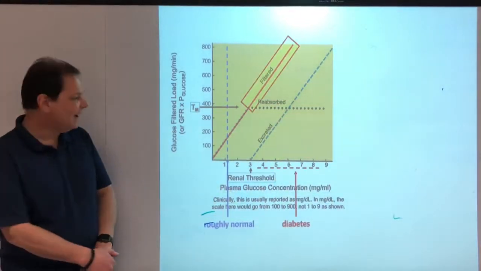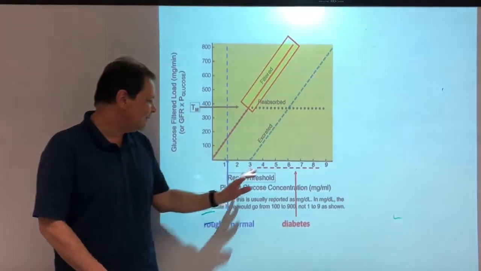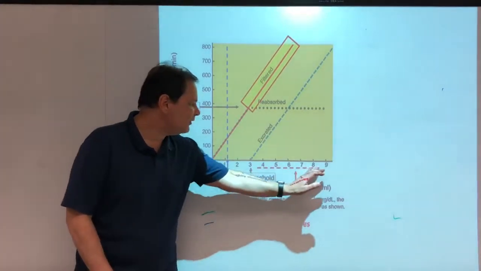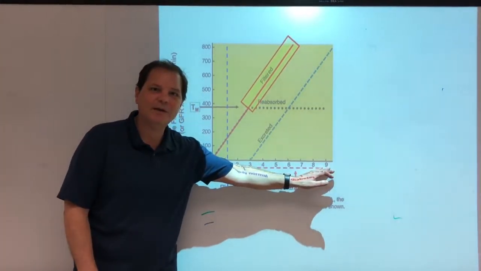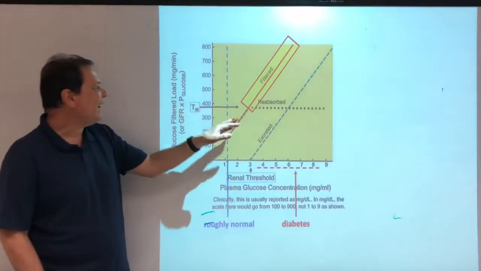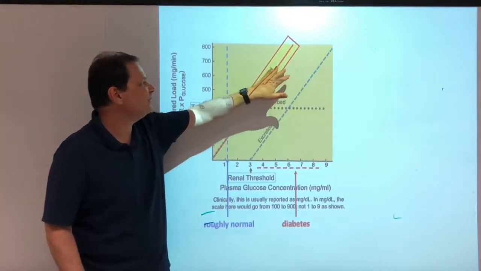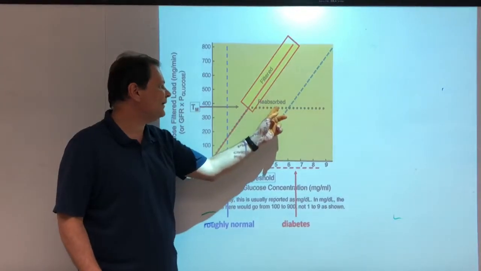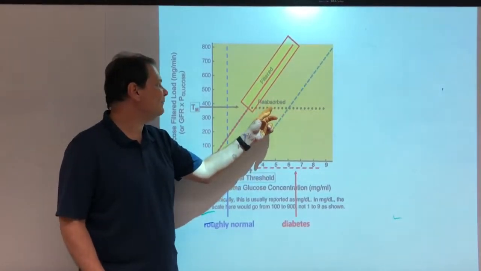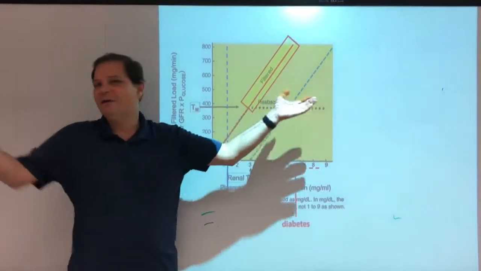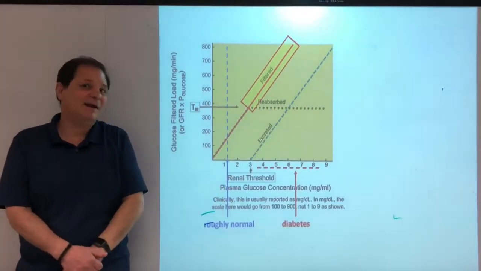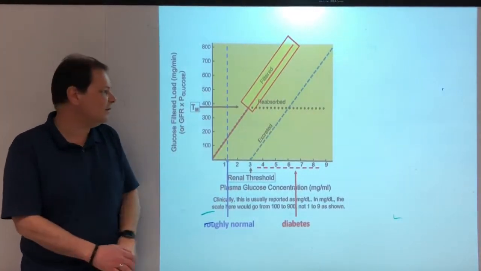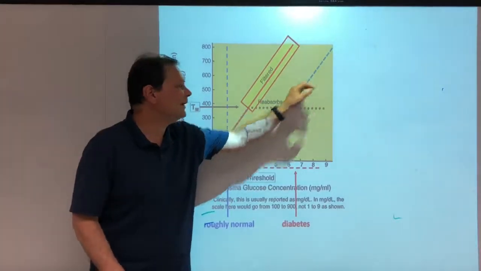Once you get beyond that, with something like diabetes, where the plasma glucose goes up beyond that threshold, you get a bunch of glucose that's filtered that can't be reabsorbed. This is the amount reabsorbed, it's plateaued off, and everything between here and here is excreted in the urine because you can't get it back into the body, and that's what this blue dashed line is.